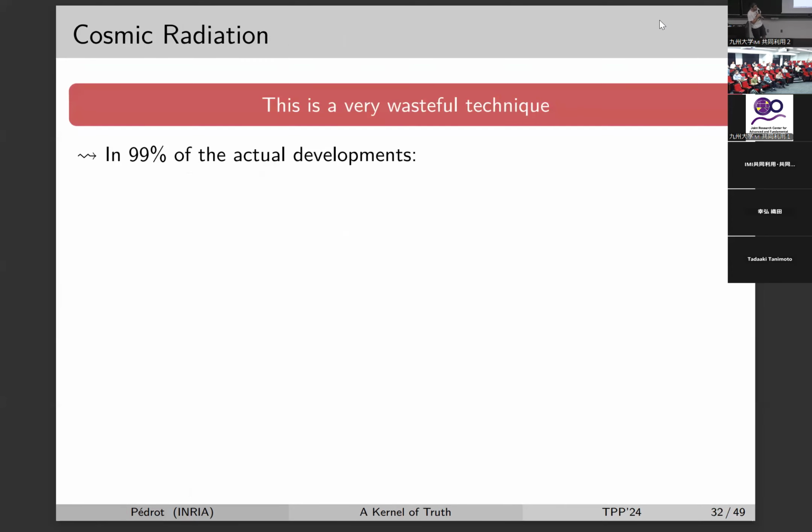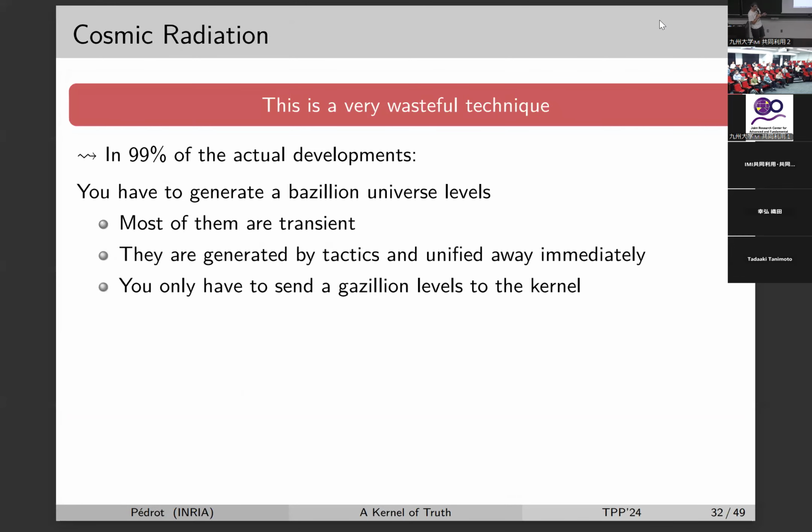Okay, so the reality is that it's not true. Why? Because it's extremely wasteful as an implementation. In most developments, what happens in practice is that you generate a literal bazillion universe levels, pick any power of 10. And most of them, for unification purposes, are completely useless in practice. They disappear. They are unified immediately by tactics.